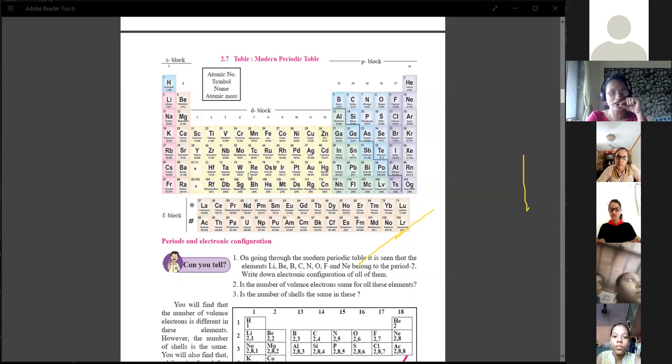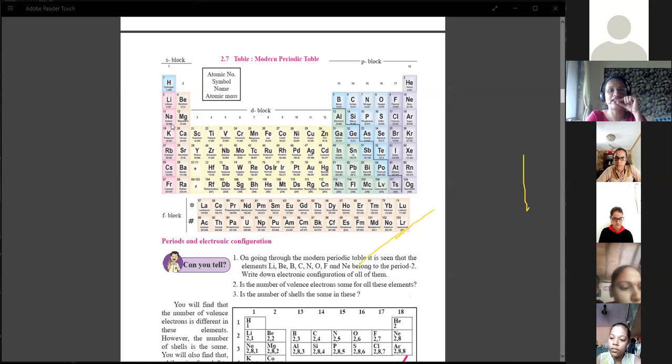Look at the elements of the third period and classify them into metals and non-metals. In the last lecture I already told you that the left-hand side of the zigzag line are all metals, the right-hand side are all non-metals, and on the zigzag line they are the metalloids. Then which are the metals and which are the non-metals?